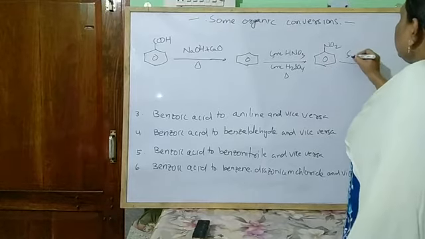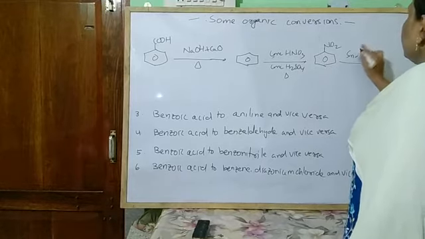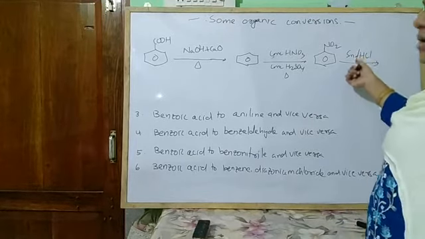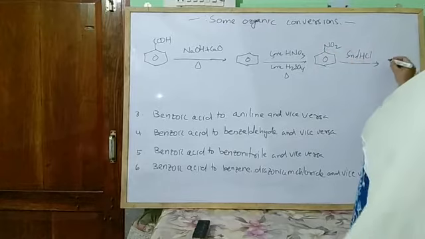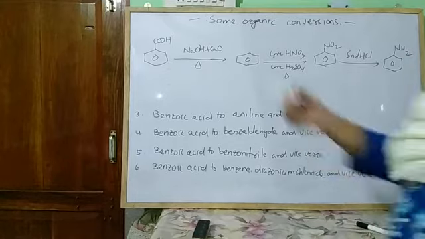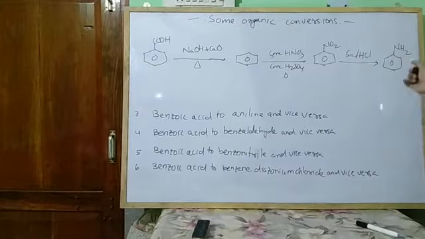When nitrobenzene is reduced with tin and HCl, hydrogen gas evolves and reduces the nitro group to an NH2 group. This is aniline.